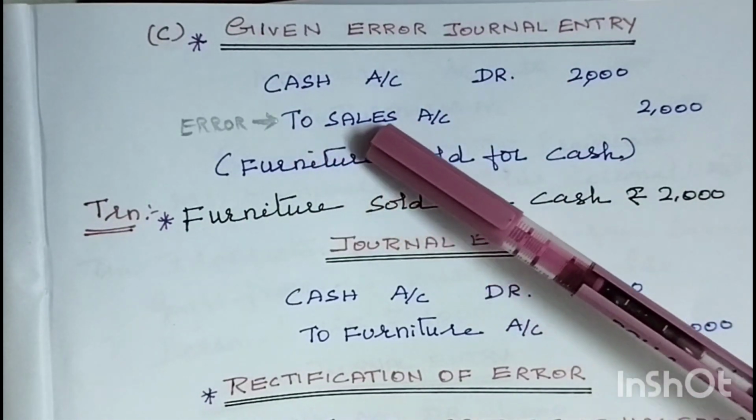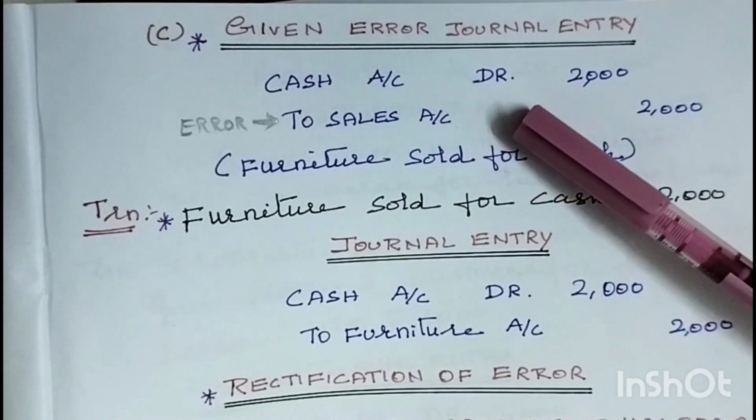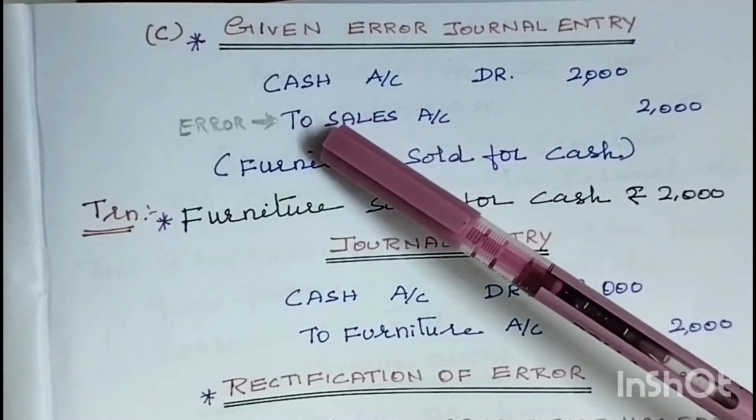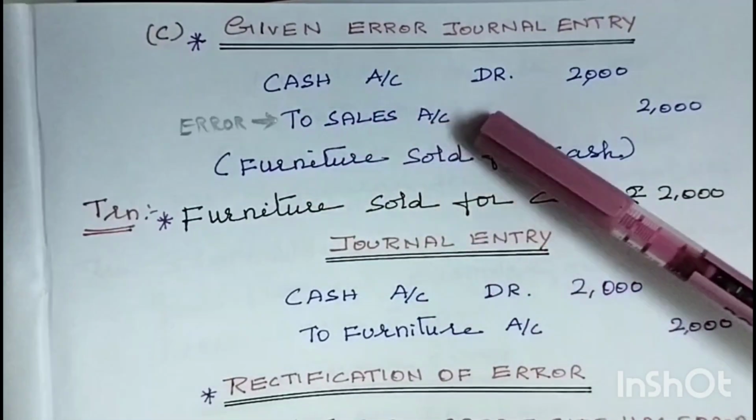When you generate sales, your revenue increases. Whenever revenue increases, you credit the revenue account, that means the sales account. So cash account debtor to sales account.